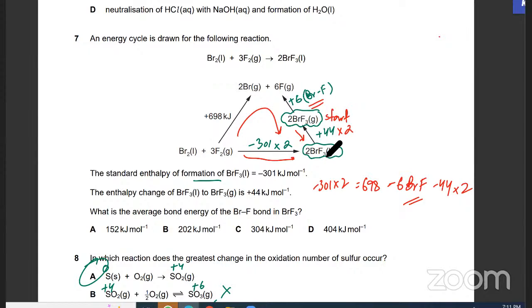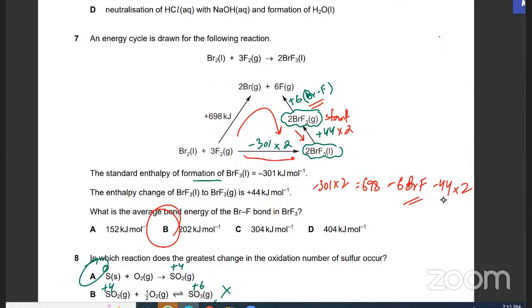Since we are forming two BrF3, you'll multiply it by 2. But since our arrow direction is the opposite, the sign will change. So I think we're getting B for this one.